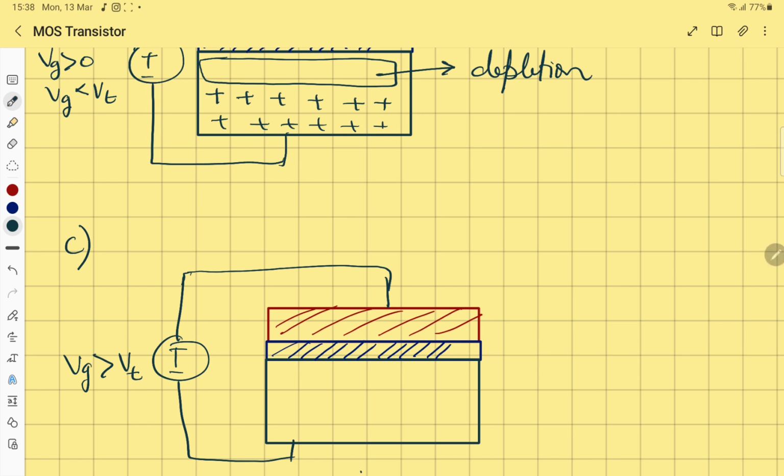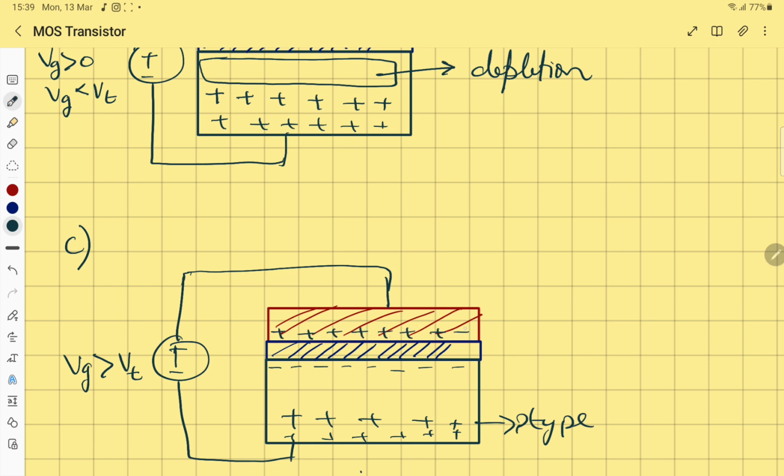So suppose this is sufficiently large, and of course, there are positive charge carriers in the p-type substrate here, but there must be some free electrons also, though in minority, in this p substrate. So those electrons are now getting attracted towards the oxide layer. These are the minority charge carriers present in this p-type substrate, which are getting attracted towards the oxide layer.